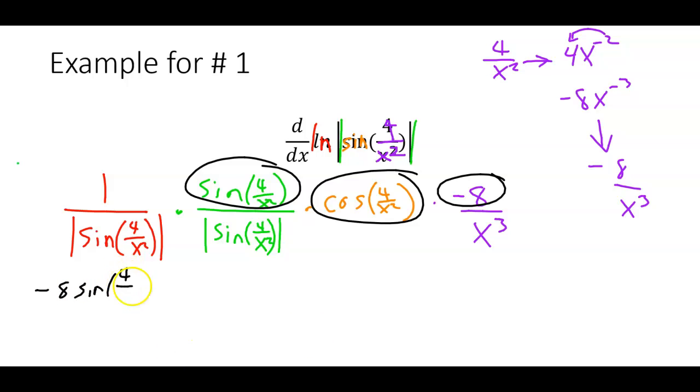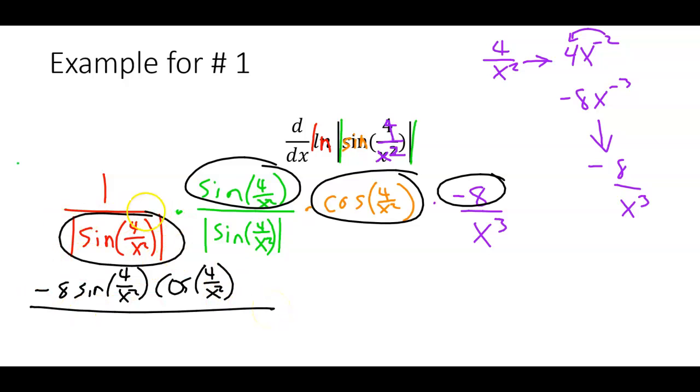So that'd be 4 over x squared, and then cosine 4 over x squared, like so. On the bottom, we have this, and this, and this. Now the first two are identical, which means that you can write it as a square.